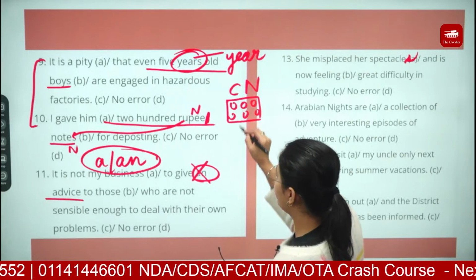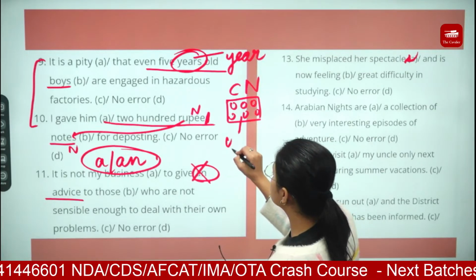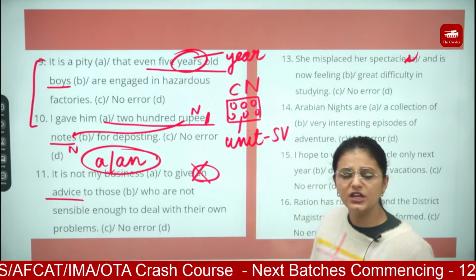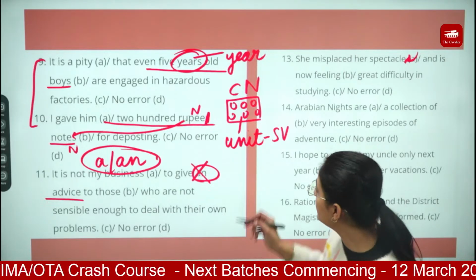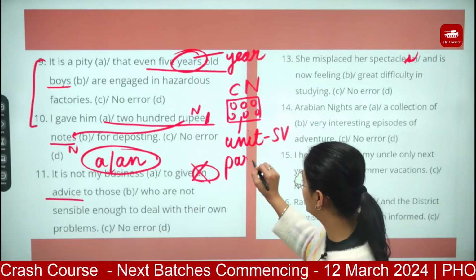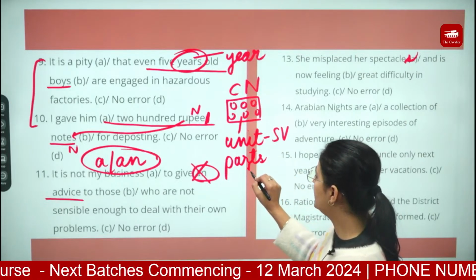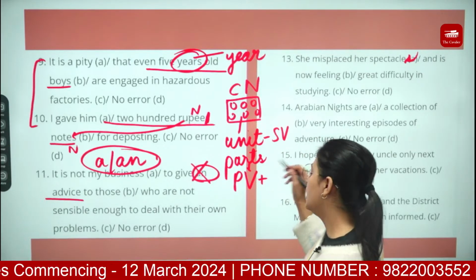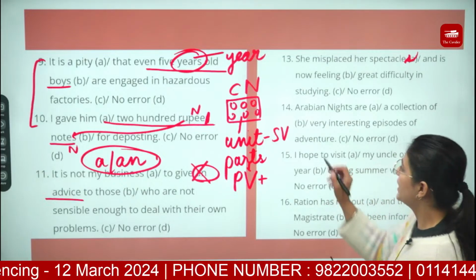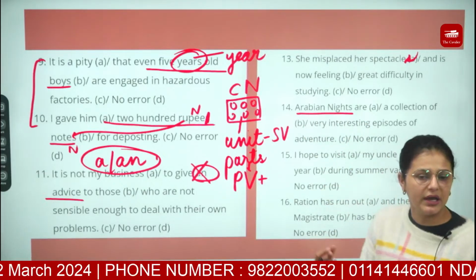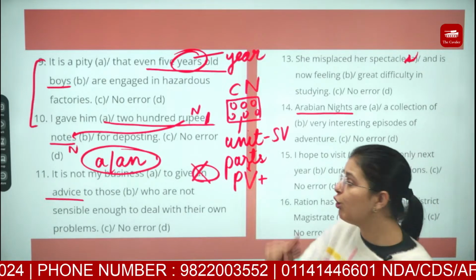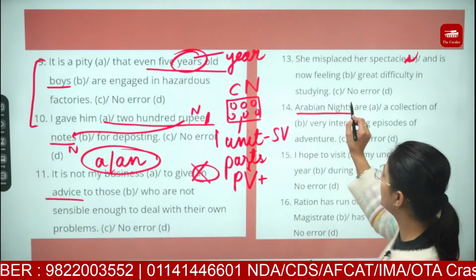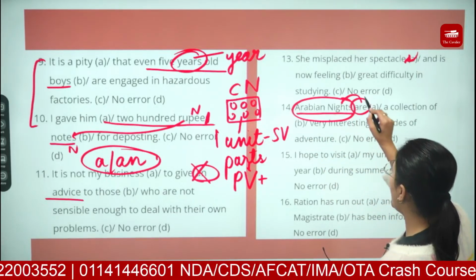If I am referring to the collective noun as a unit, then a singular verb और फिर सिंगुलर ही प्रोनाउन यूज होना चाहिए. लेकिन अगर मैं पार्ट्स के बारे में बात कर रही हूँ, तो then I will use a plural verb and a plural pronoun. Now let's look. यहाँ पर अरेबियन नाइट्स एक बुक है, एक स्टोरी बुक है, तो मैं उसको एज अ होल, एज वन यूनिट की तरह देख रही हूँ, राइट? दैट इज व्हाई अरेबियन नाइट्स आर की जगह क्या आ जाएगा?